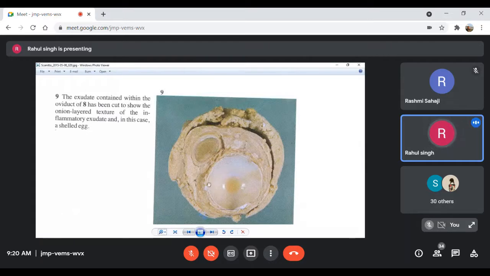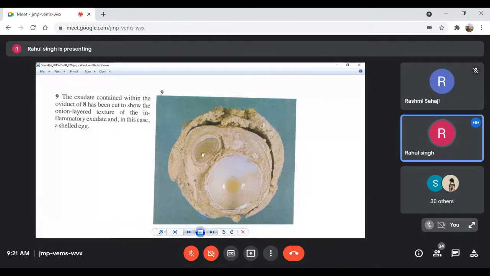Now, this was a fully formed egg. You can see the eggshell is there, a smooth eggshell. And around that, probably this was the first one which got stuck here. Around that you can see an onion peel like structure, so many layers of exudate. And this is another ova, a degenerated ova, which again got stuck.